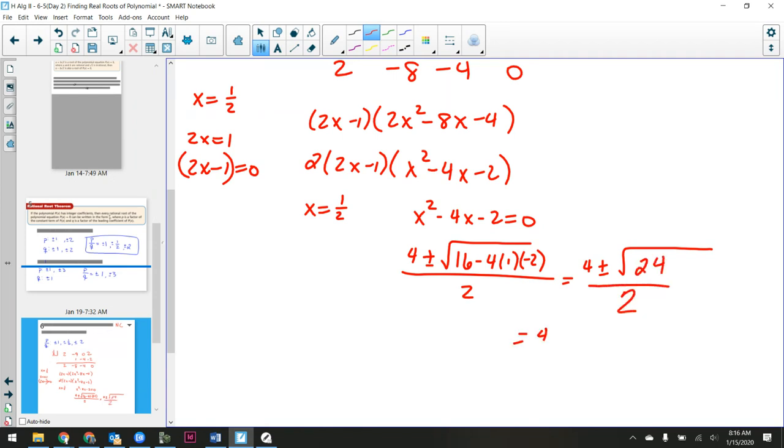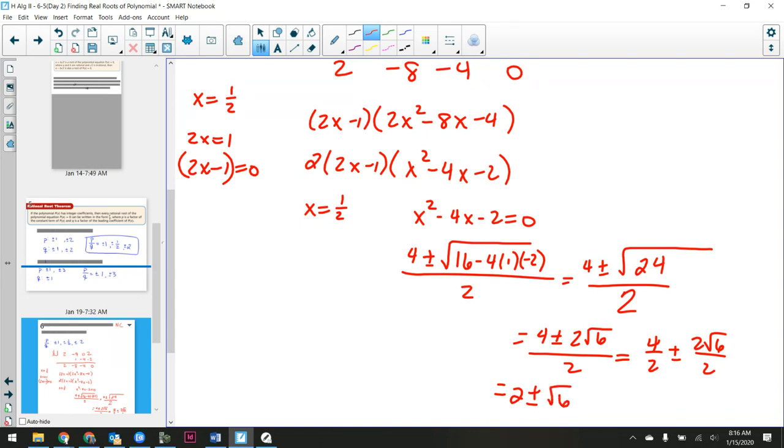So that gives me 4 plus or minus 2 radical 6, because radical 24 is 4 times 6. So it's 2 radical 6 all over 2, and now I divide both parts by 2. So my final answer here would be 2 plus or minus radical 6.